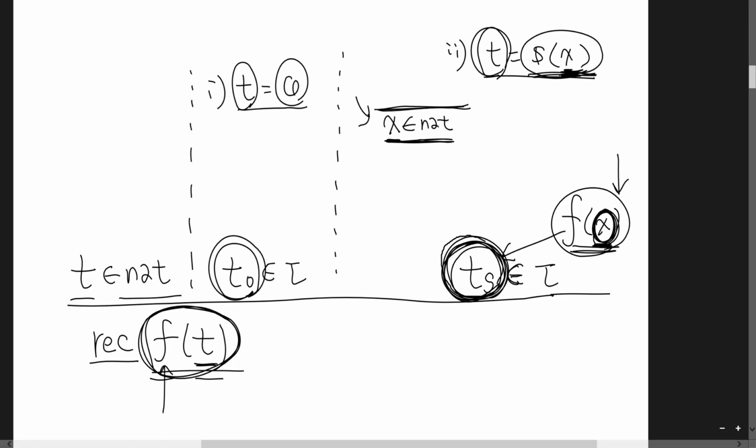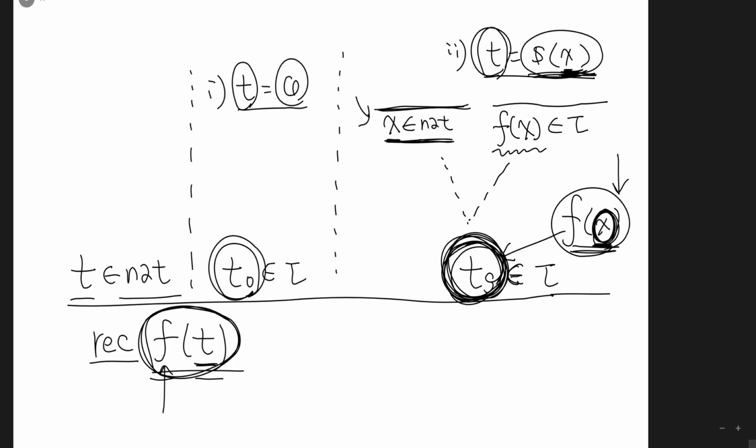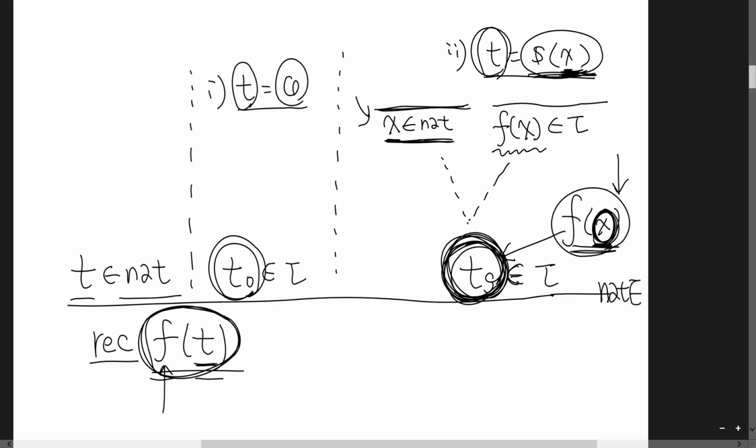So inside this term ts, you may use the assumption that f applied with argument x has the same data type tau. So you can think of this one as the result of recursive call inside this function body. Now, this is going to be natural number elimination rule, and the syntax for the term here is going to have data type tau, this one and this one.